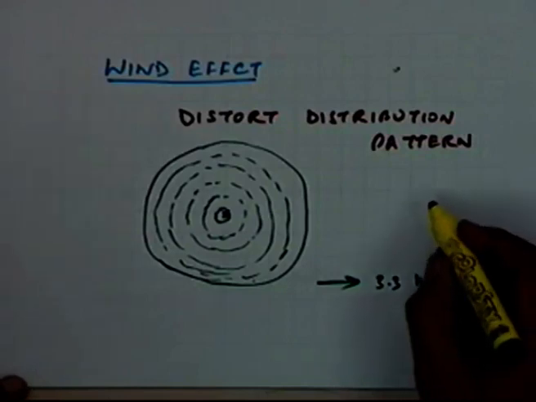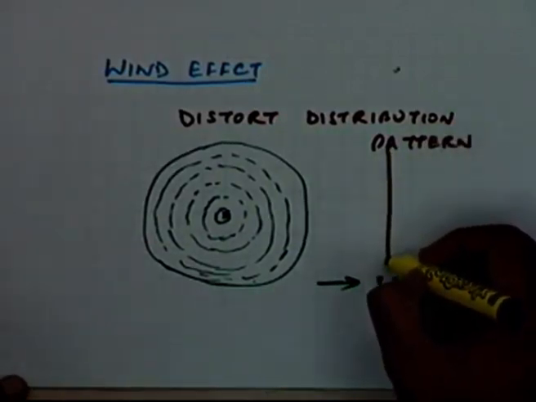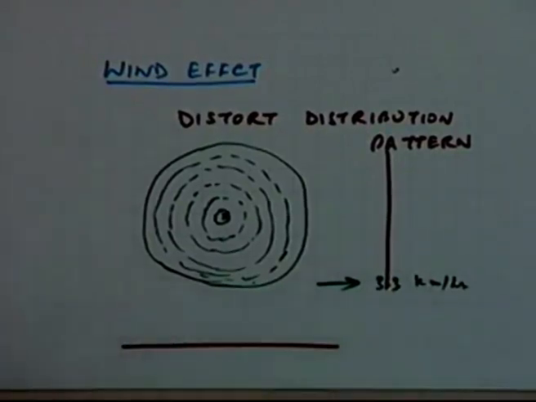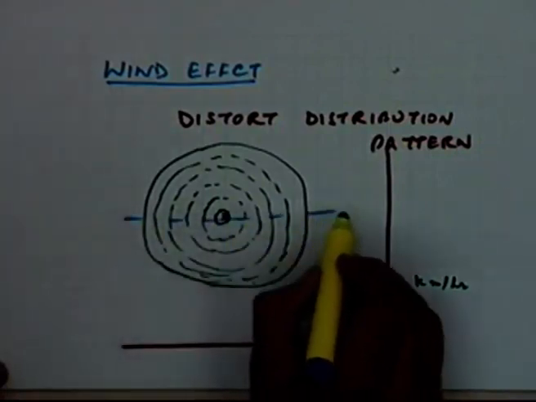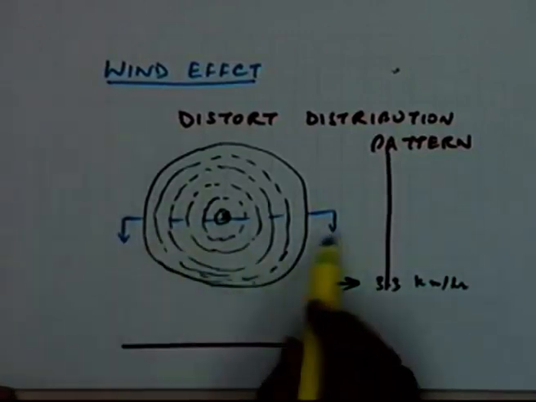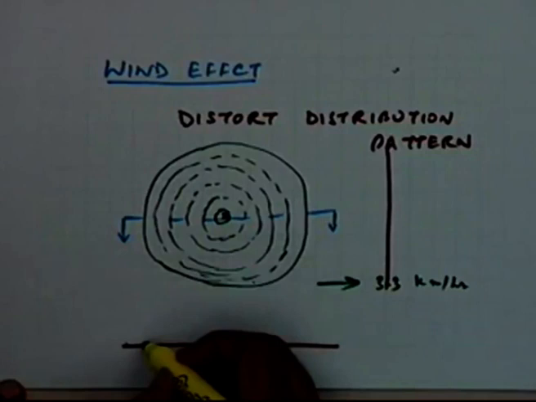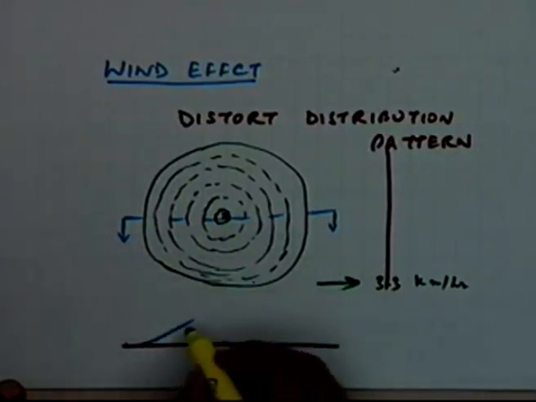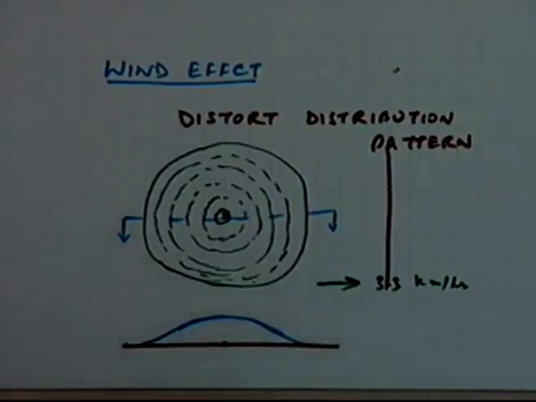In this case, if you take the distribution pattern along the two cross sections, one cross section in this direction, you will find that the distribution pattern will be quite uniform.